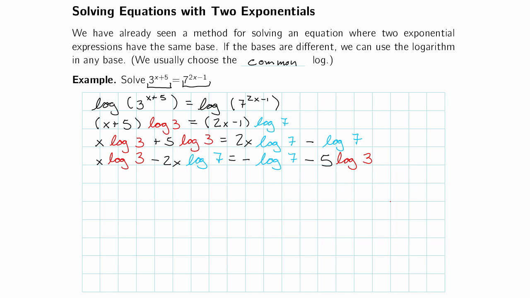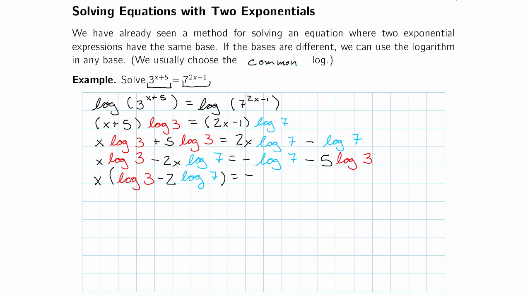Okay, now this next move, if we had nice numbers, it would look like combining like terms. Since we have kind of unpleasant numbers, what it looks like is factoring out an x. So we'll have x times, so what's left of this term is a log 3, and what's left of this term is a minus 2 log 7.